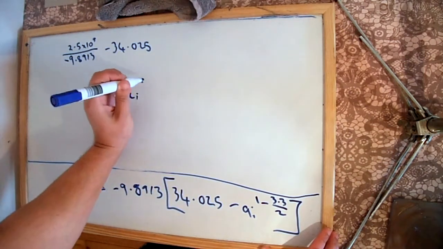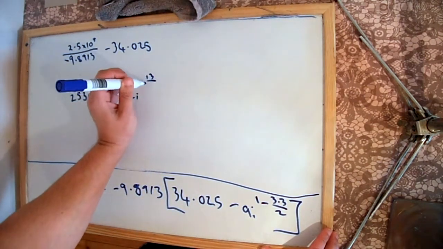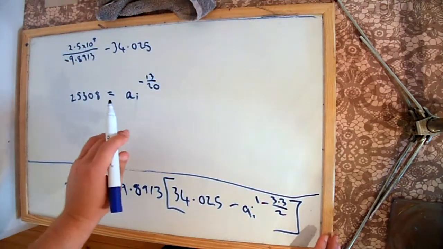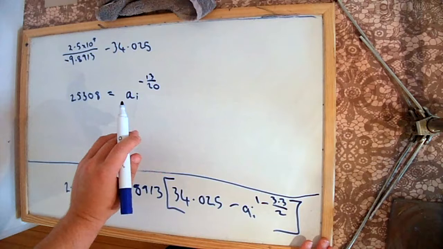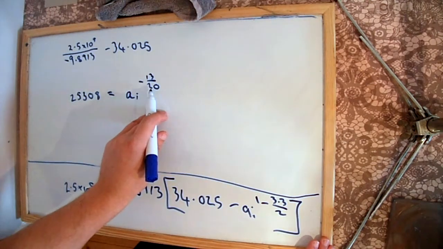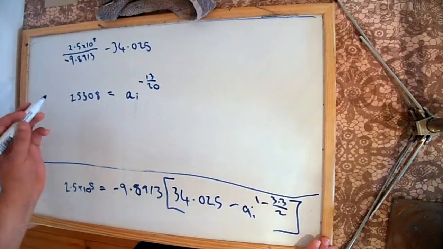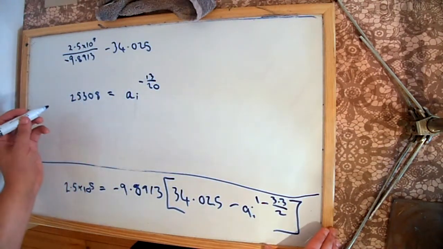And then it's minus 13/20. So I'm only changing the 1 minus 3.3/2, but if you put that in a calculator, it ends up to be minus 13/20.